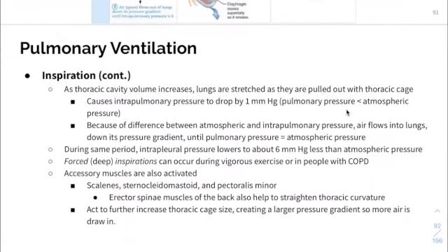So as we mentioned before, when you inhale, the lungs get stretched. So with Boyle's law, we are getting a bigger container, which means pressure goes down.